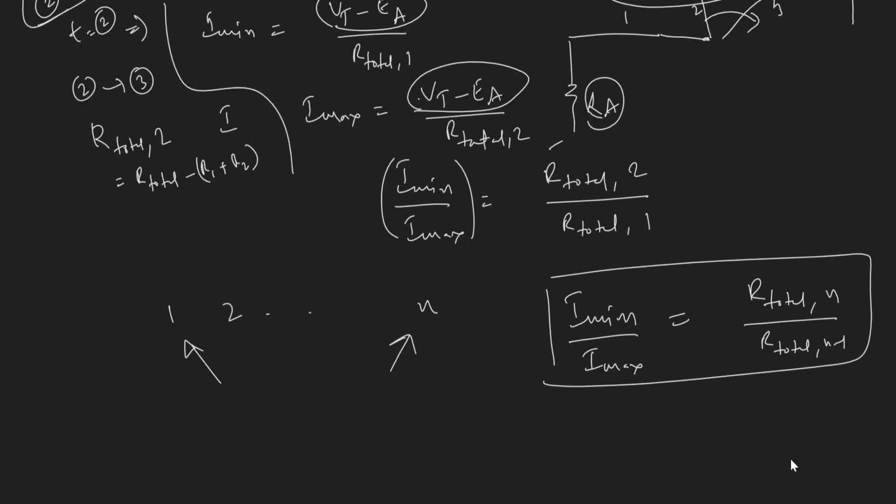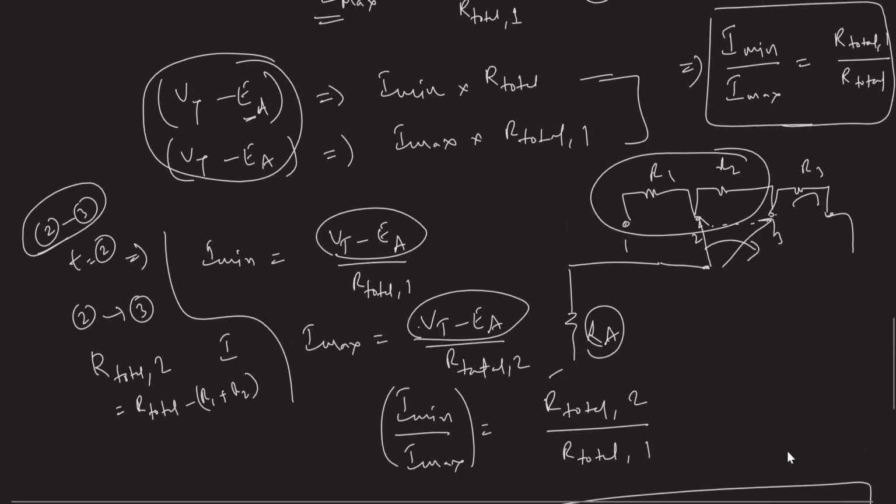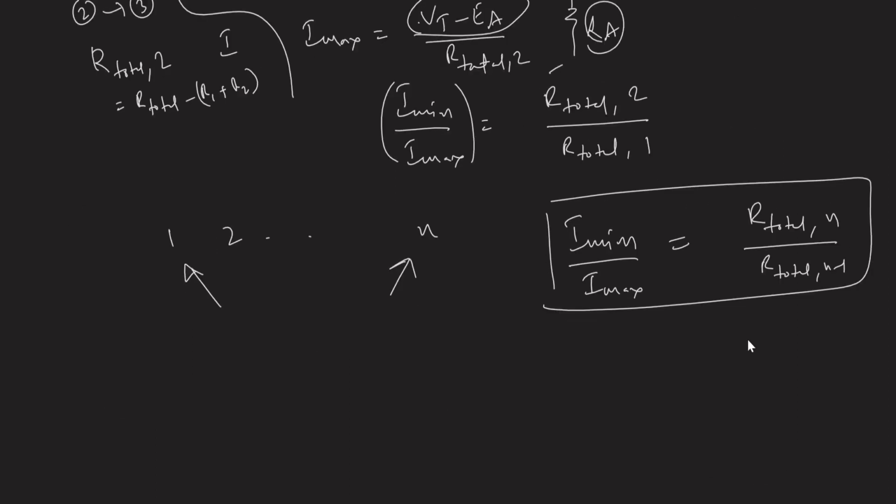Now from the first equation, if I write down R total comma n, it is equals to I minimum by I maximum multiplied by R total comma n minus 1, right?